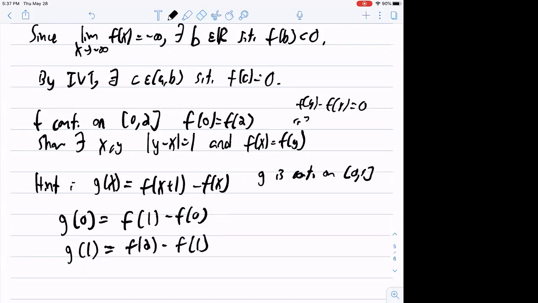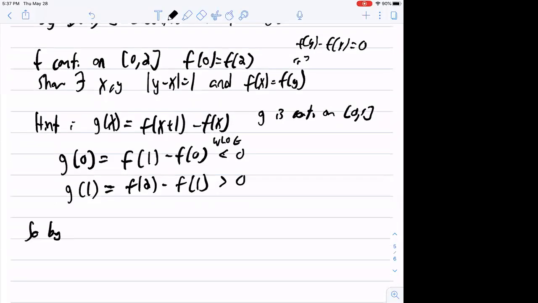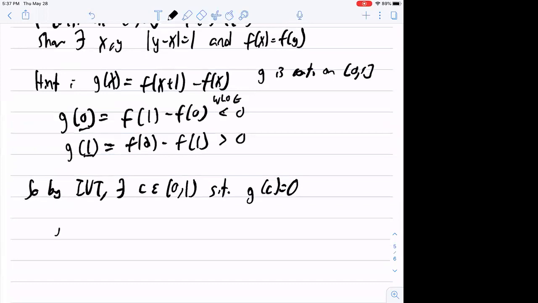Because f of 0 is equal to f of 2. So let me just write, this is less than 0 without loss of generality, and this is bigger than 0. It could be the other way, but we don't really care, right? So by IVT, there exists c in [0, 1] such that g of c is 0. But g of c being 0 means f of 1 plus c minus f of c is 0. So we just found it, right?